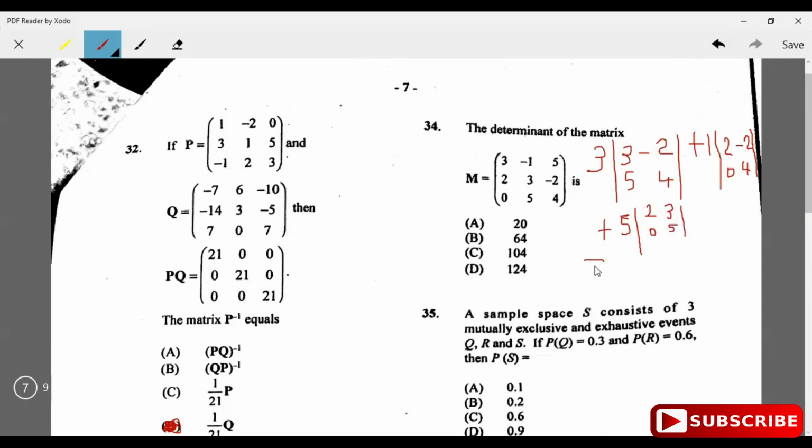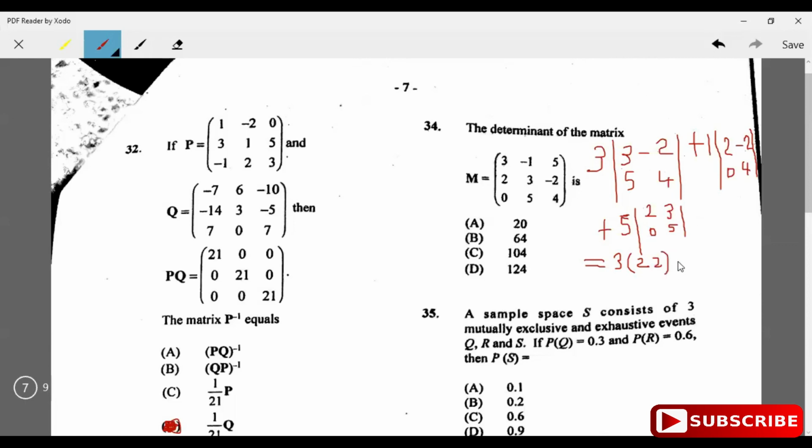So let's work it out. We're getting 3 times 12 plus 10, which is 22.